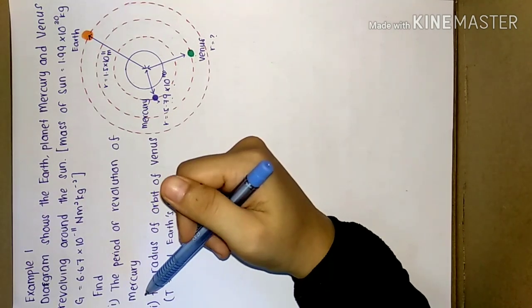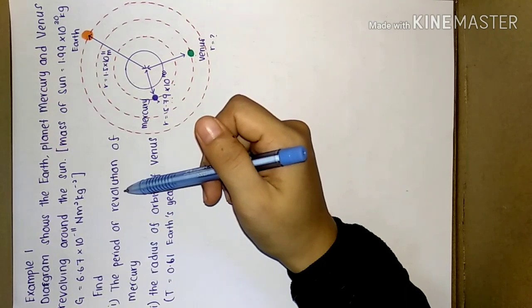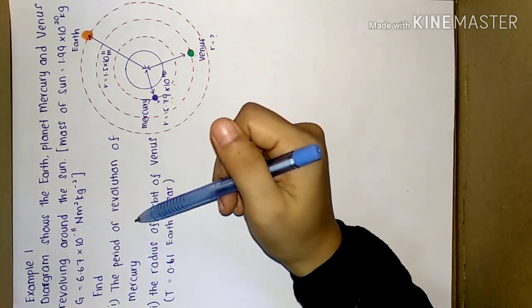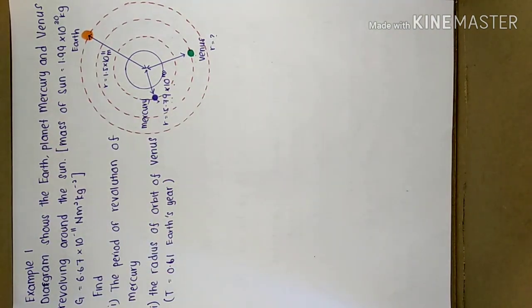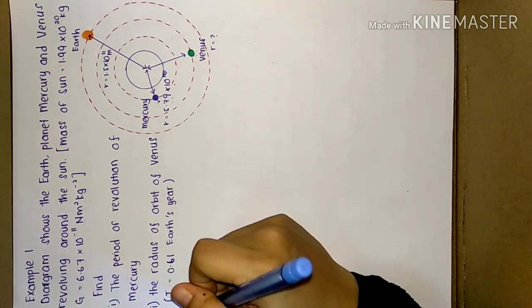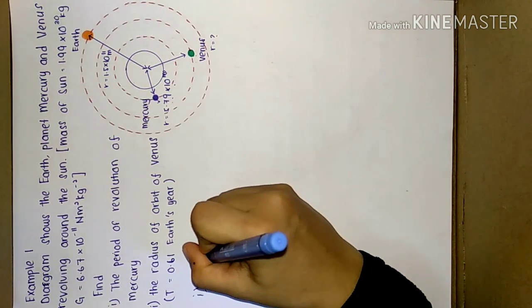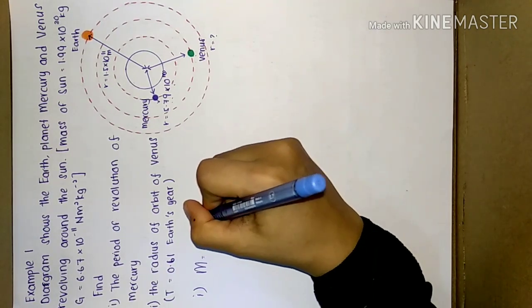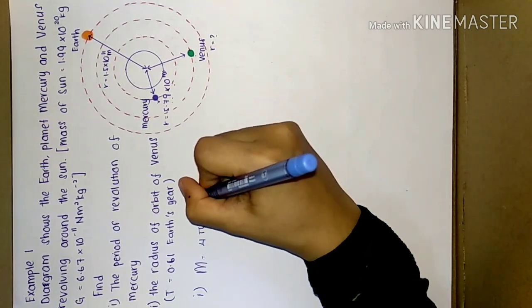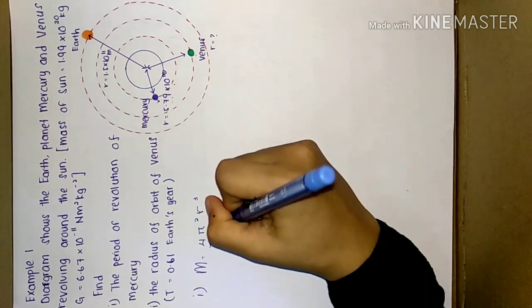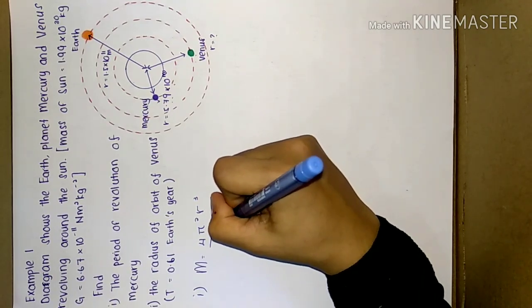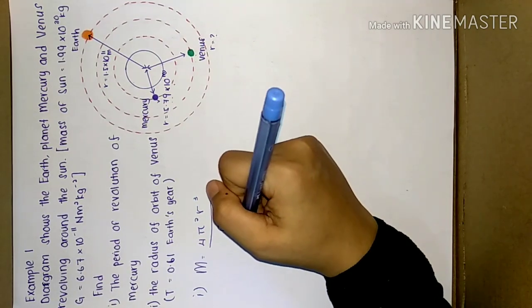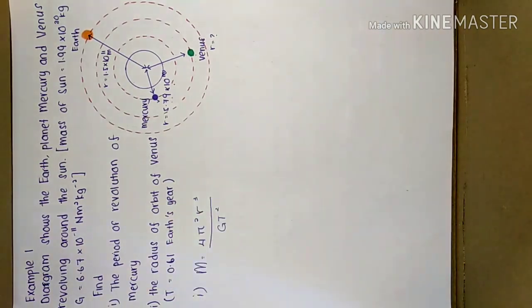The question is, find the period of revolution of Mercury. If we want to find T of Mercury, first we have to write the formula. The formula is mass equal to 4 pi squared r to the power of 3 over G T squared. Let's put in all the information that has been given.